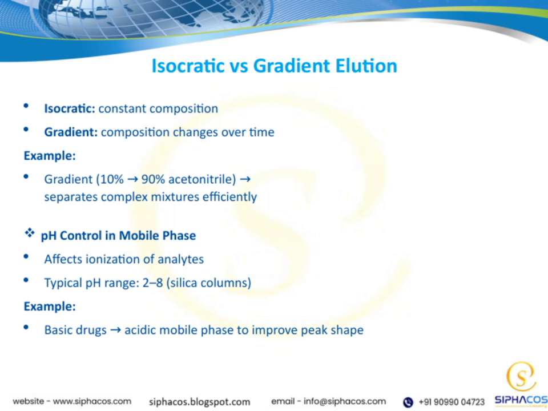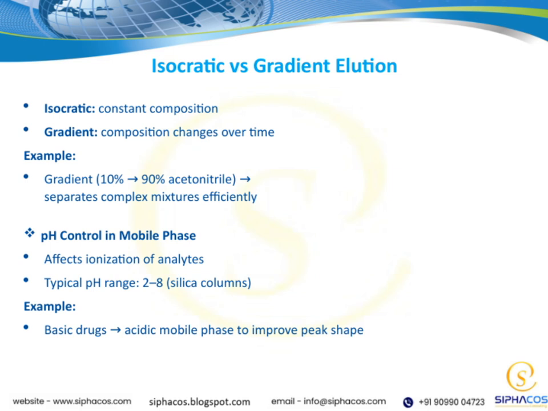Next, I want to touch on the difference between isocratic and gradient elution. Isocratic means the mobile phase composition stays constant throughout the run. It's simple and great for analyzing samples with similar properties. On the other hand, gradient elution involves changing the mobile phase composition over time. For instance, gradually increasing the percentage of acetonitrile from 10% up to 90%.